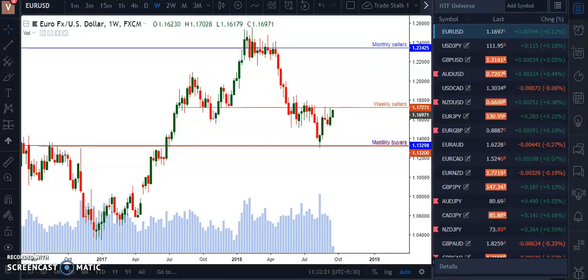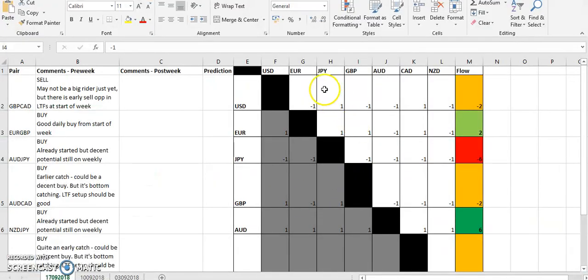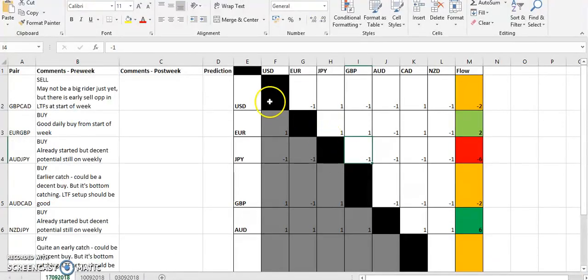But for every pair, I have some sort of anticipation on which way it's going to go, and that's what I would see over here. So this is my strength or flow matrix. It's not really a strength matrix, it's more like a weekly candle flow matrix.